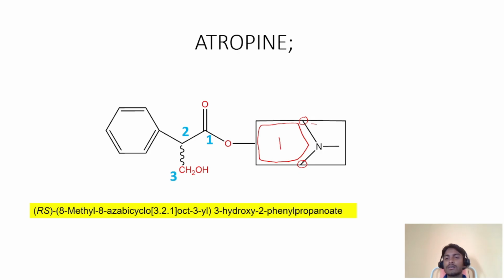Next, the second portion goes to the nitrogen and ends. So two rings are there, hence we call it a bicyclic compound. For bicyclic compounds, this carbon is a tertiary carbon. The numbering always starts with the tertiary carbon, because the tertiary carbon atom is more reactive.